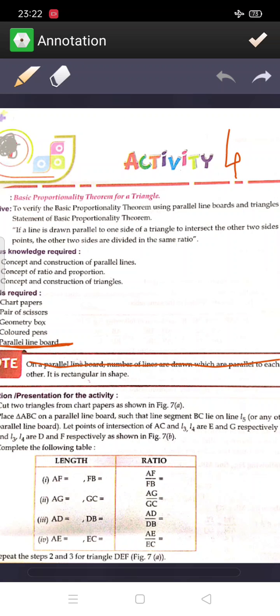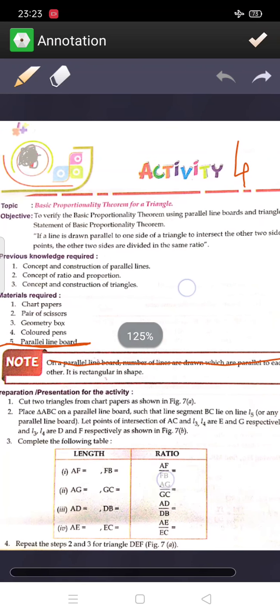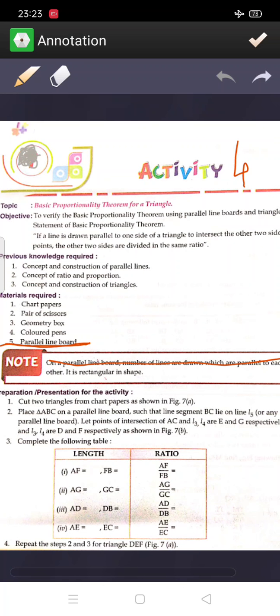Measure carefully, because one mistake even in the centimeters will not help you prove the basic proportionality theorem. So you will measure. You can use any two triangles of your choice. Understood? They have explained the activity well, which you can read out.